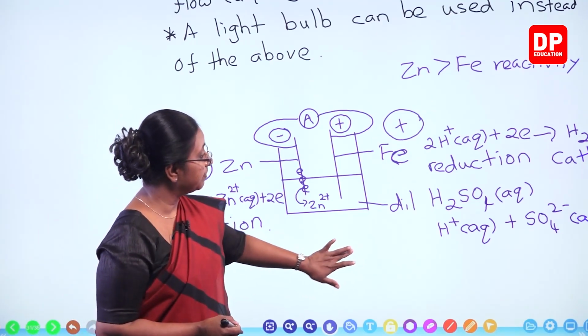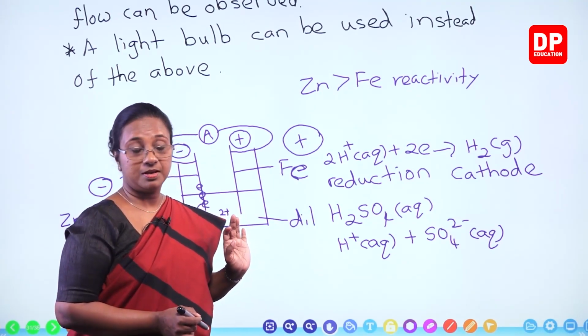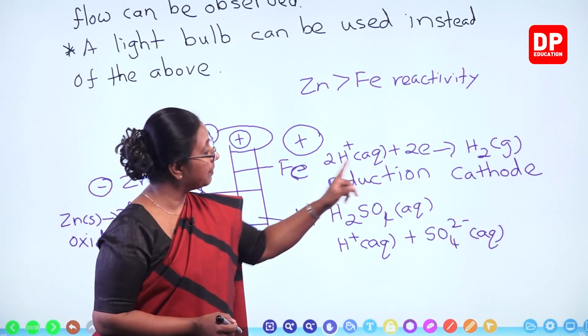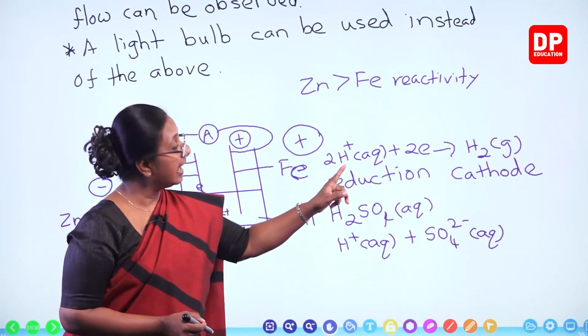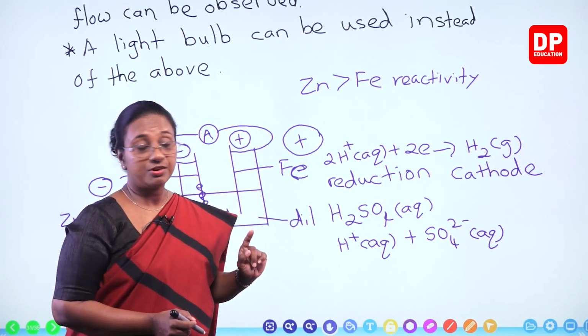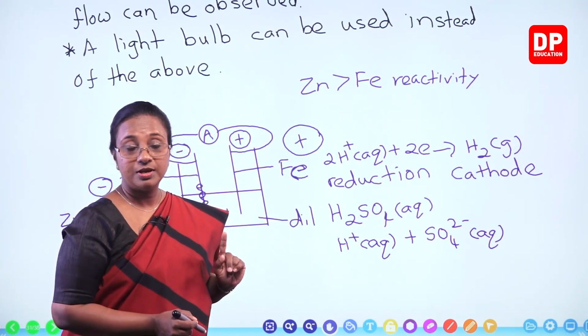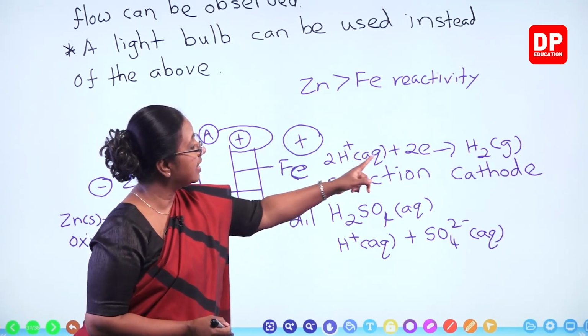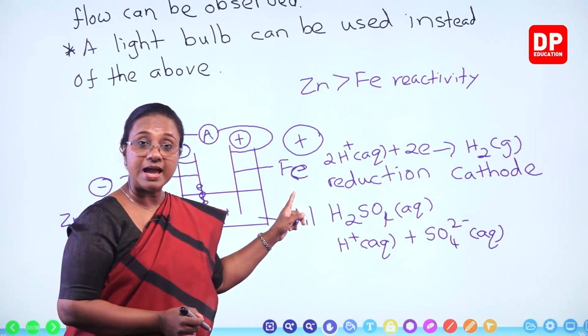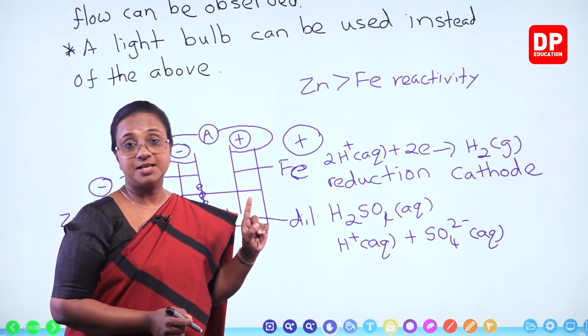At the same time, near the iron strip, hydrogen ions take up electrons from iron and become H2 gas. That is a reduction reaction. Therefore, iron acts as the cathode. And since H+ ions take up electrons from iron, that is Fe, it becomes positively charged.